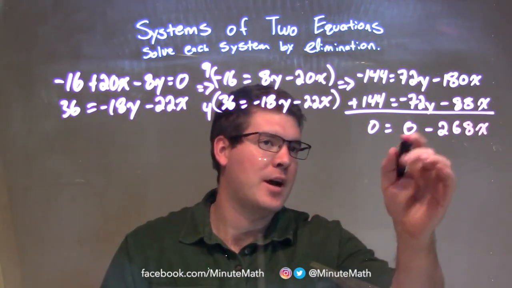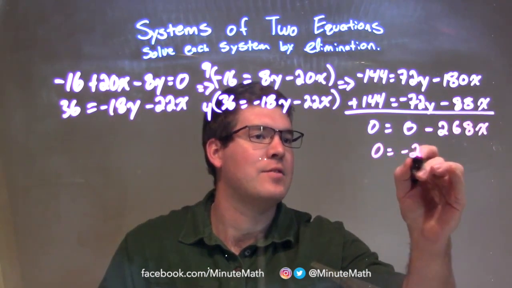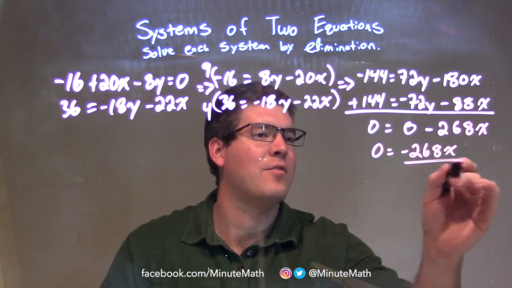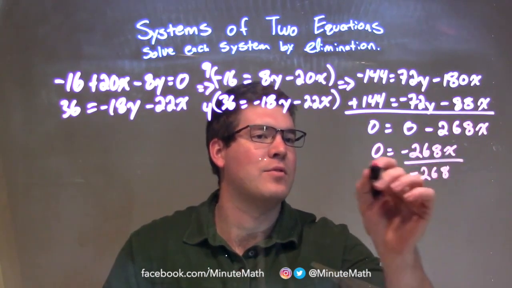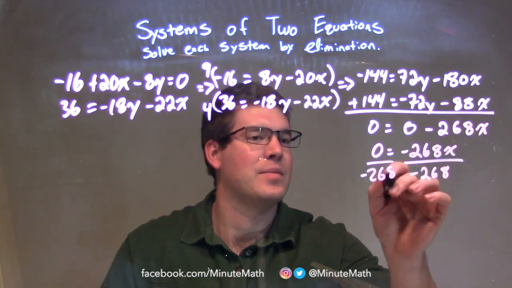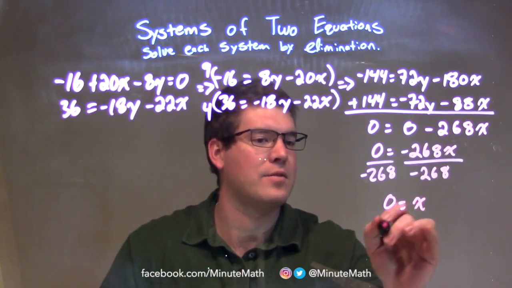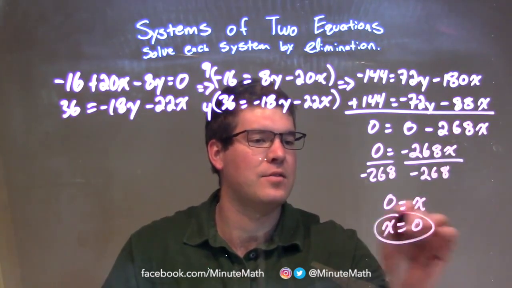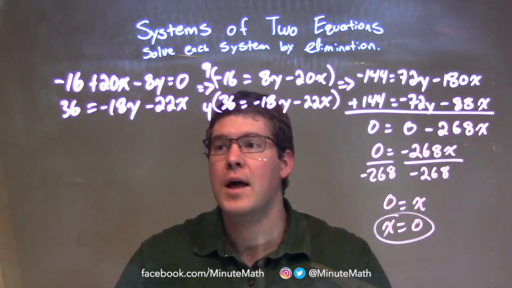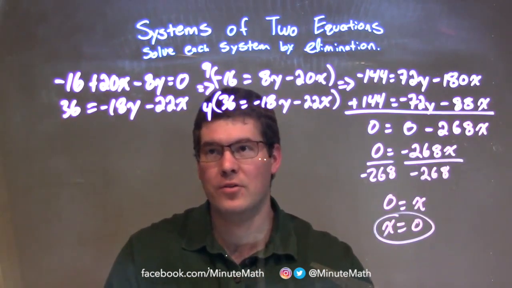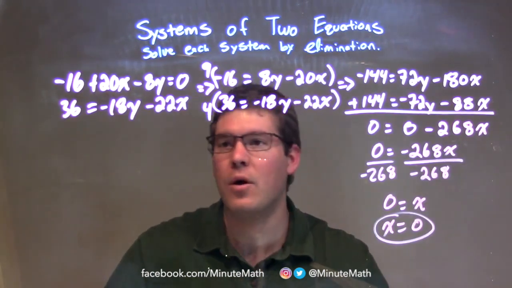So from there, we don't really care about this 0, so 0 equals -268x. I divide by -268 on both sides, and 0 divided by -268 is just 0. So x is just 0. So now we want to plug that back into another equation to solve for our y.